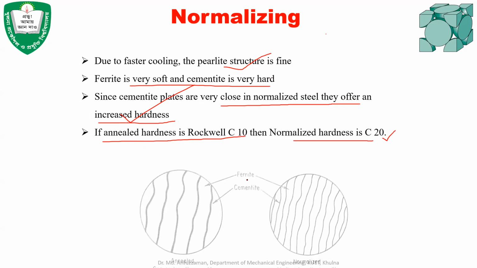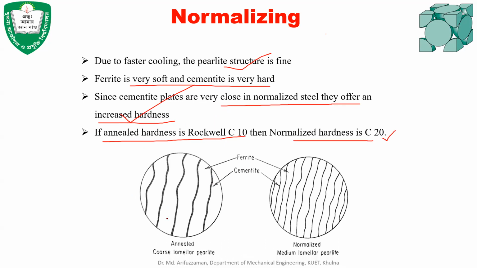And how does it occur? When you do the annealing, you have thicker cementite plates and thicker ferrite plates. But once the normalizing is done, the cementite plates and ferrite plates will be thinner. That means a more uniform and finer distribution of ferrite and cementite can be obtained, and that is why the hardness also increases.